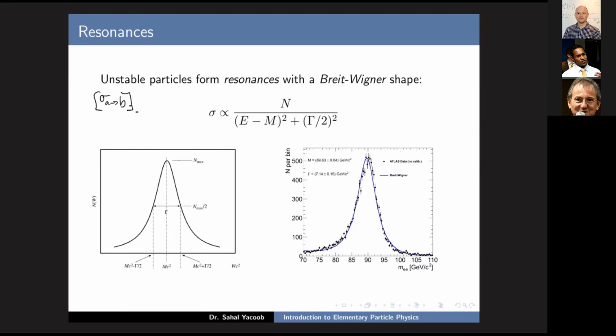In the context we're talking about, our initial state is always some set of stable particles. They will interact, create some intermediate state, and that intermediate state decays the way we've been talking about to another set of stable particles.